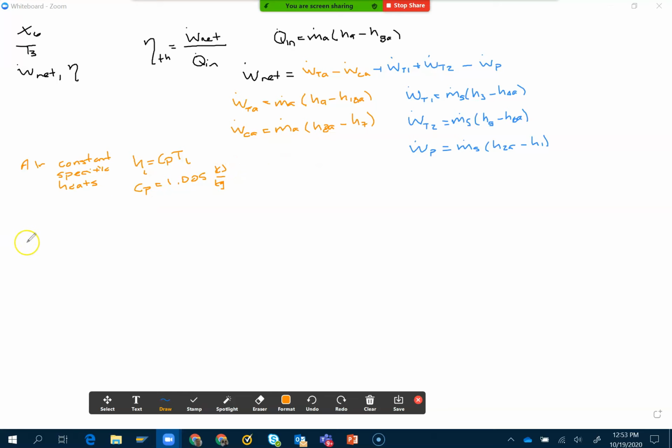So for state 7, the entrance of the compressor, we have it. So that's done. In order to get T8s, we're going to use our isentropic expression. So from here we can get T8s. Now we need the actual state, so we use the isentropic efficiency of the compressor.